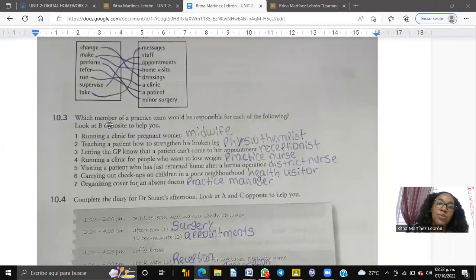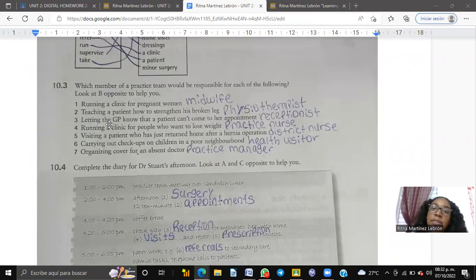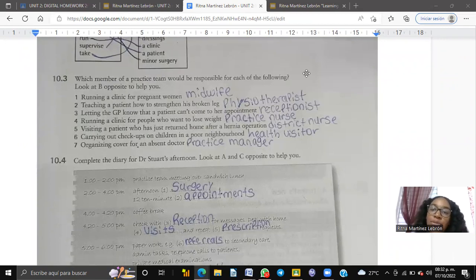Which member of a practice can be responsible for each of the following? Look at the opposite to help you. Running a clinic for pregnant women: midwife. Training a patient how to strengthen his broken leg: physiotherapist. Telling the GP that a patient can come to her appointment: receptionist.